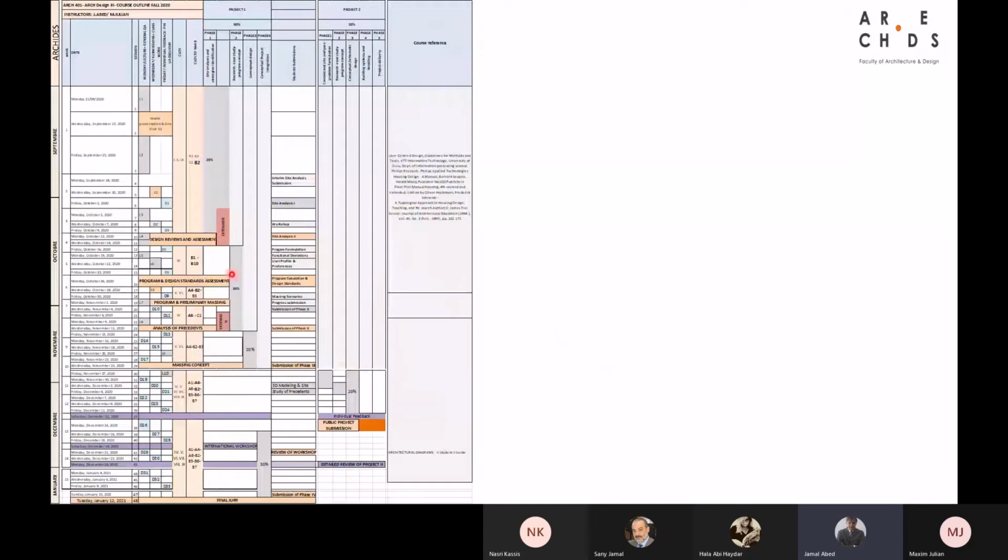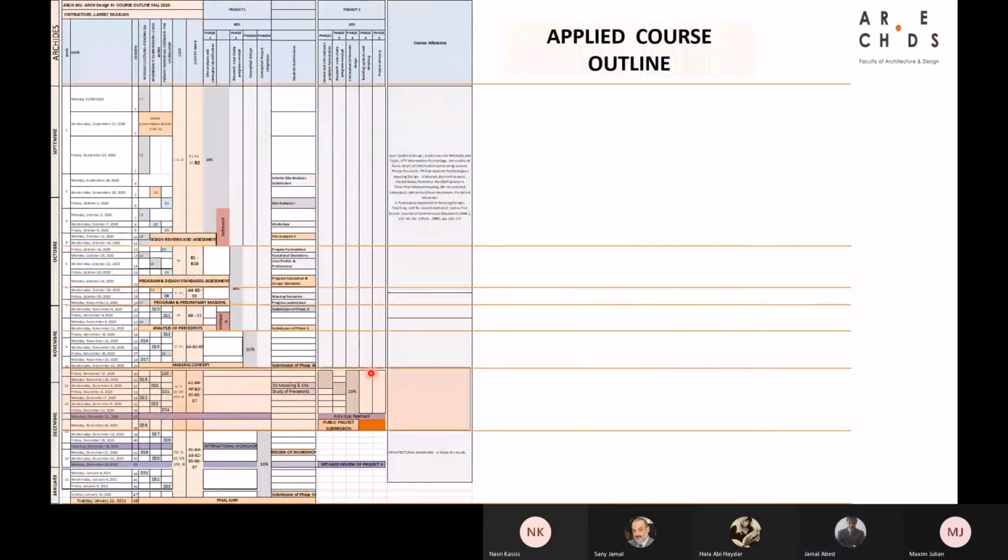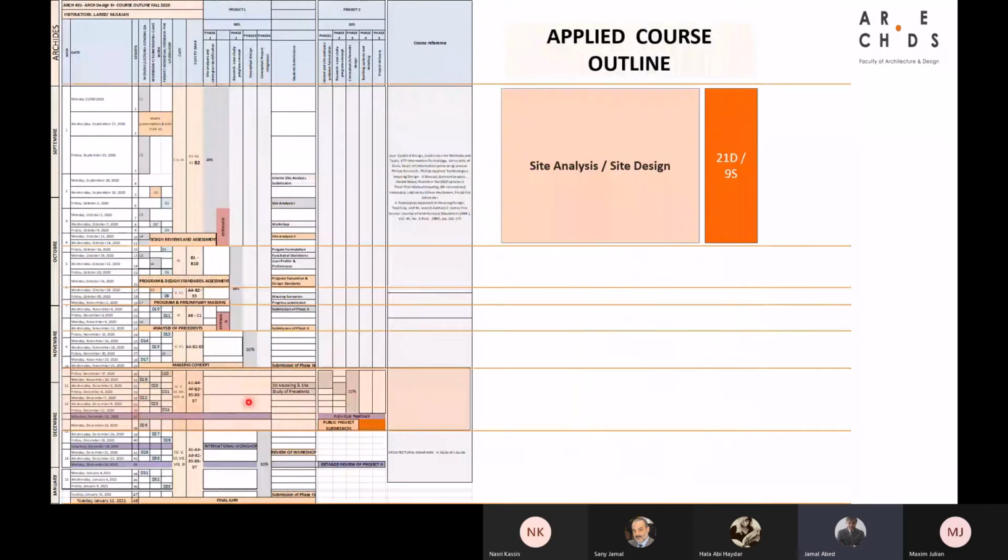The practice was that the first project took most of the semester, with the second project taking another two weeks of the semester, and the remaining part of the semester was fully dedicated to the co-op housing project.